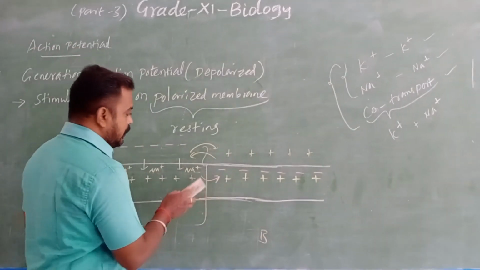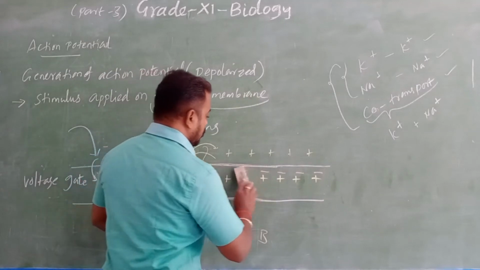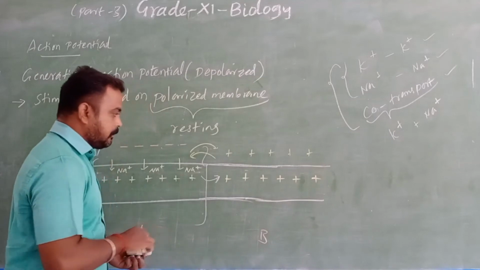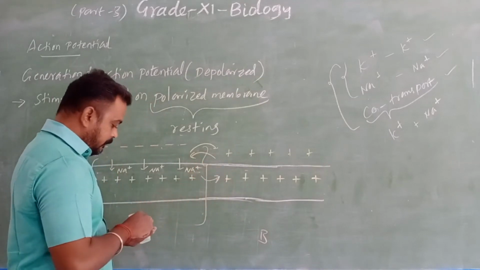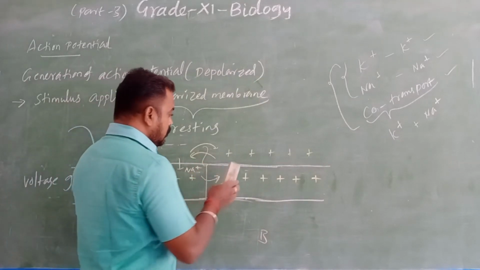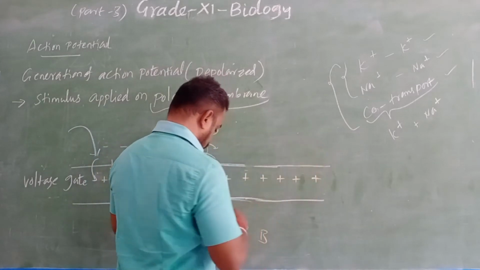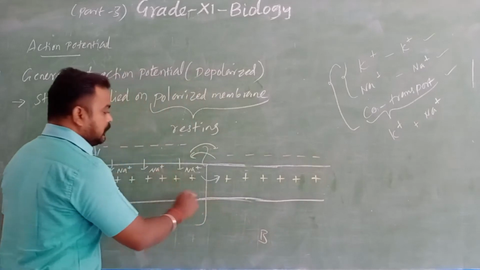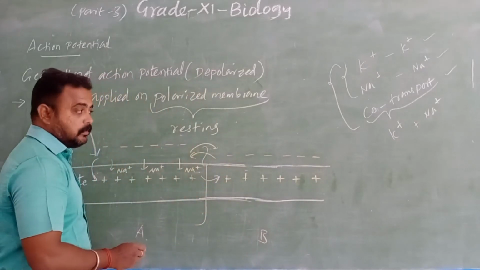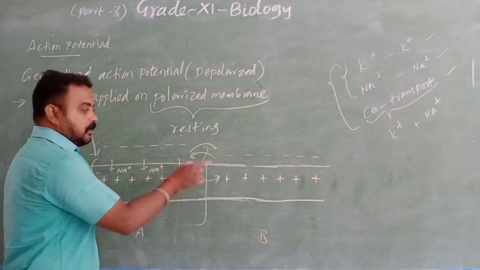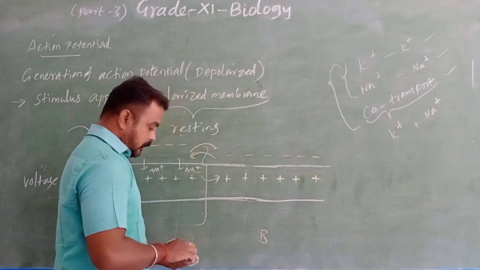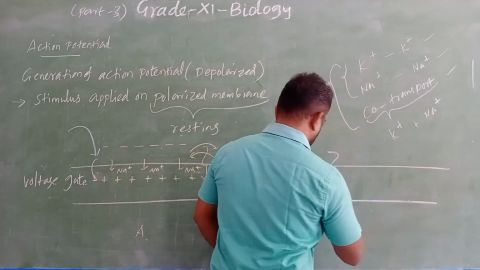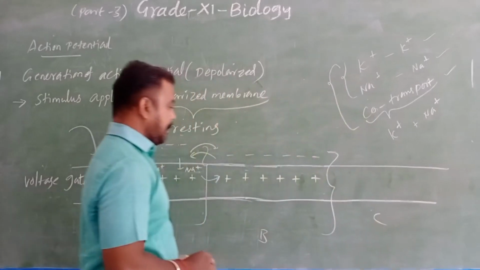So this area became positively charged. This became negatively charged. Because it is transferred. Because here the concentration is high, here the concentration is low. Okay. This is C naught.